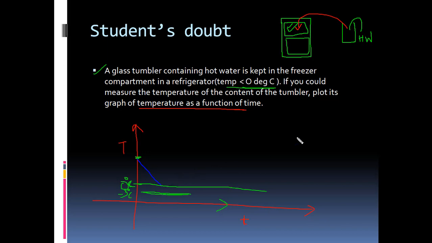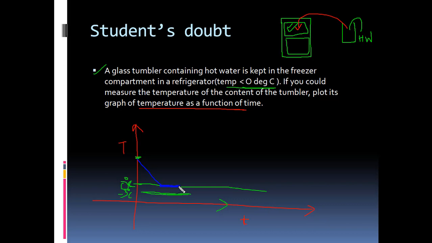So this is 0 degree centigrade water. Now this water will convert itself into ice. So 0 degree water will become 0 degree ice. When there is a transformation of 0 degree centigrade water into 0 degree centigrade ice, it needs a certain time, although the temperature of the water will not change.